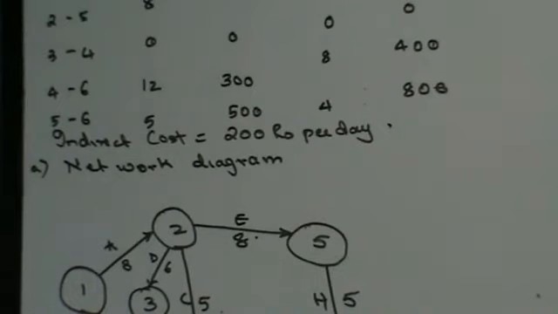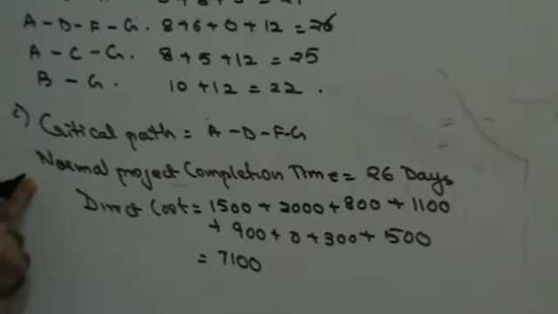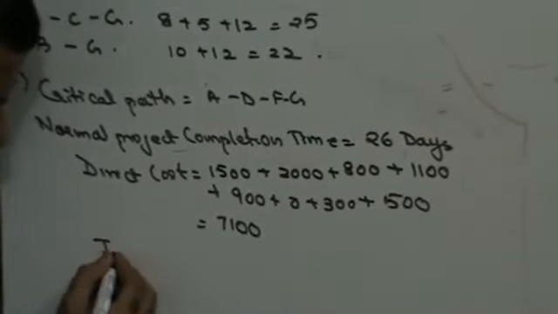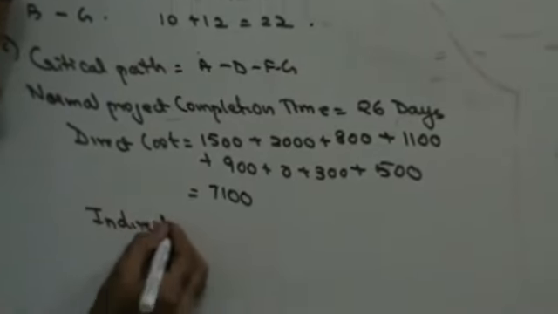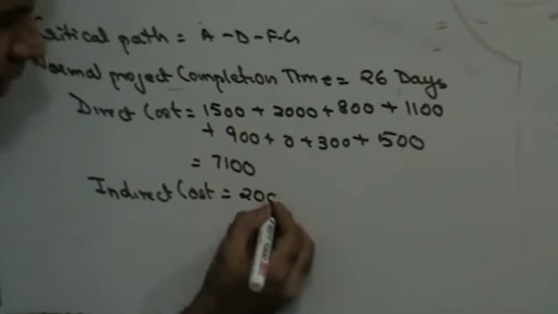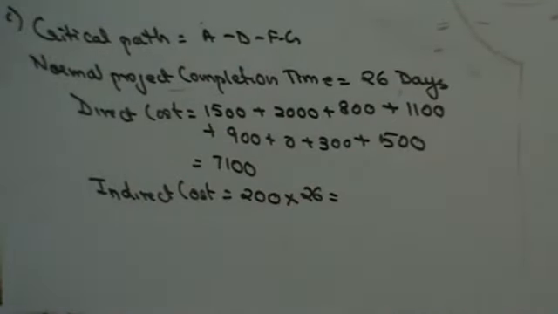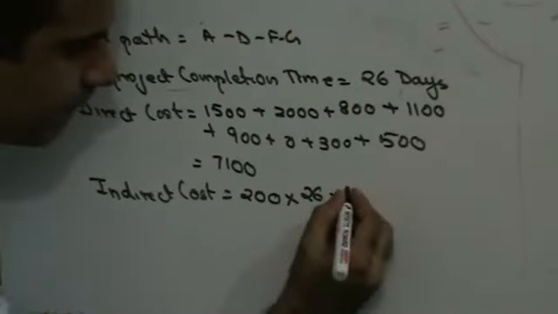So I found out critical path, normal project completion time, direct cost. Now indirect cost. Indirect cost they've given you is 200 rupees per day, and my project gets over in 26 days. So in that case this should be 5200.